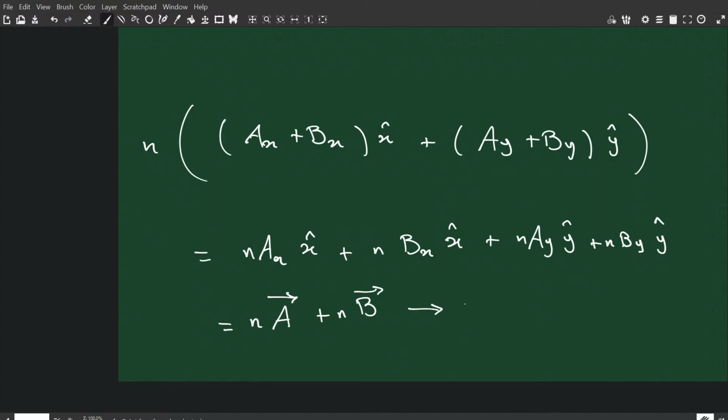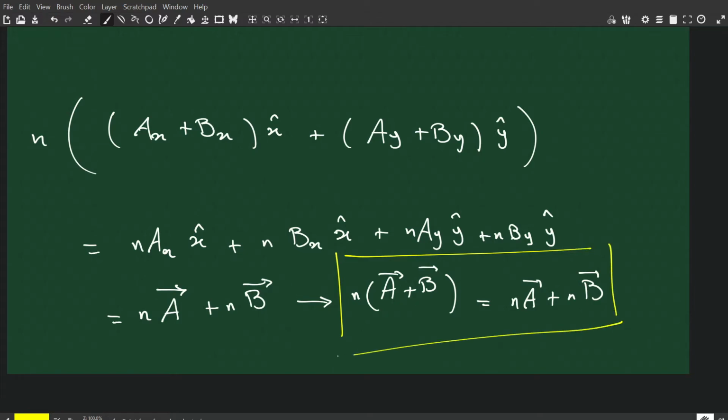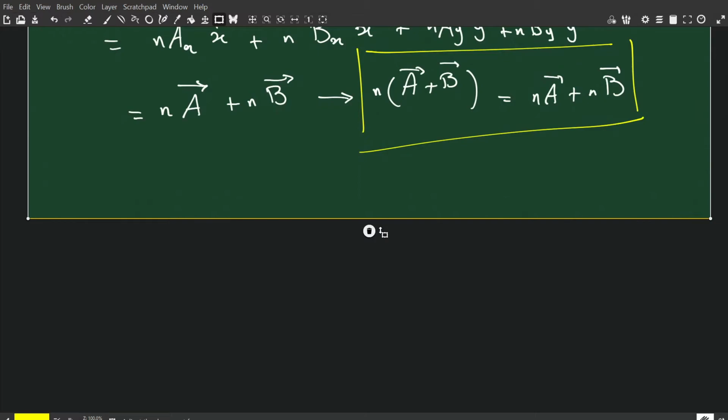So you can write n times a plus b as na plus nb. And it was about scalar multiplication.